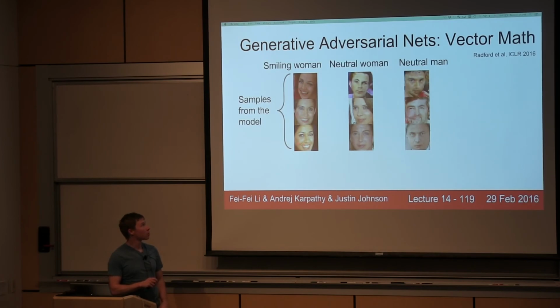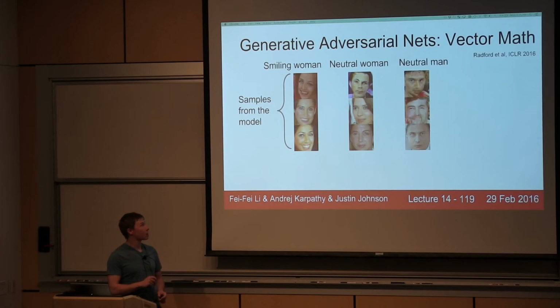Here are three images generated from the network that all look like a smiling woman. Those are human-provided labels. Here in the middle are three samples of a neutral woman who's not smiling. And here on the right are three samples of a man who is not smiling.